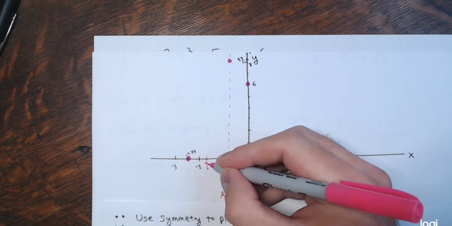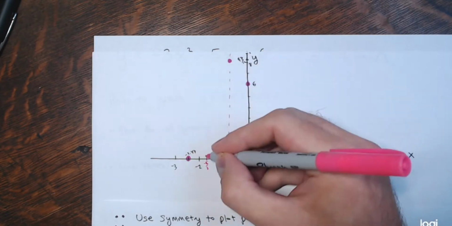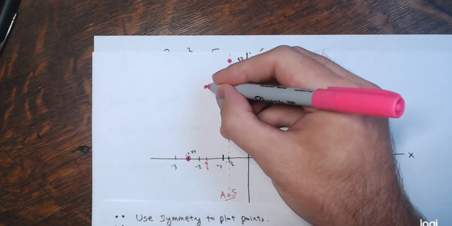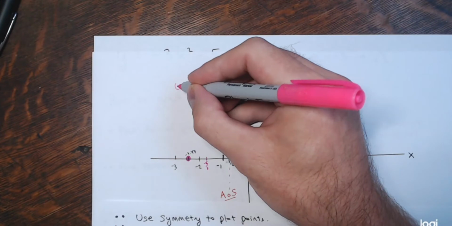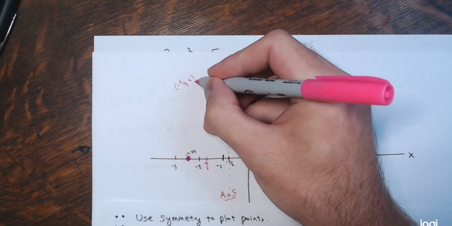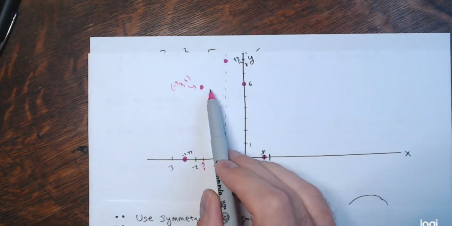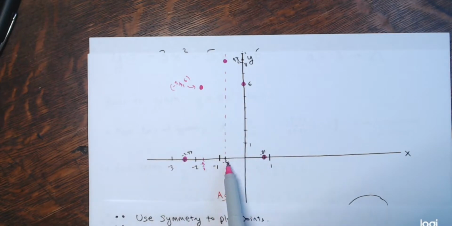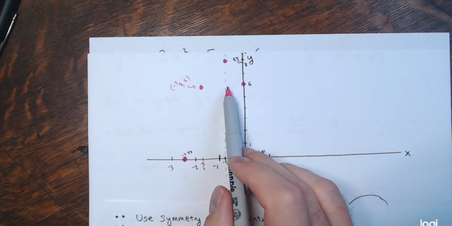There should be another point, negative 5/3, comma 6. There it is. I'm just using the symmetry: the distance to a point on the right of the axis of symmetry should be the same as the distance to the point on the left. So that was 5/6 to the right, 5/6 to the left.